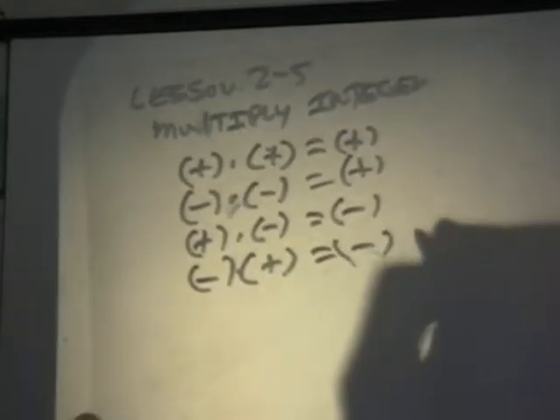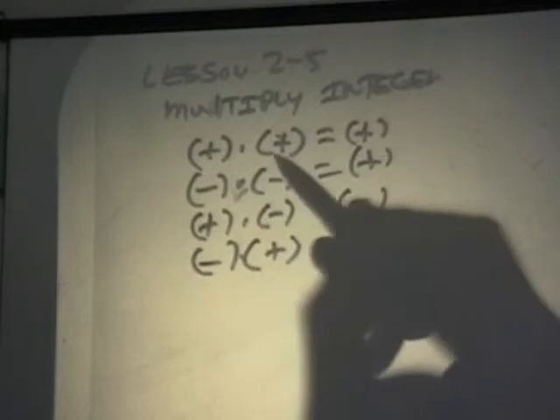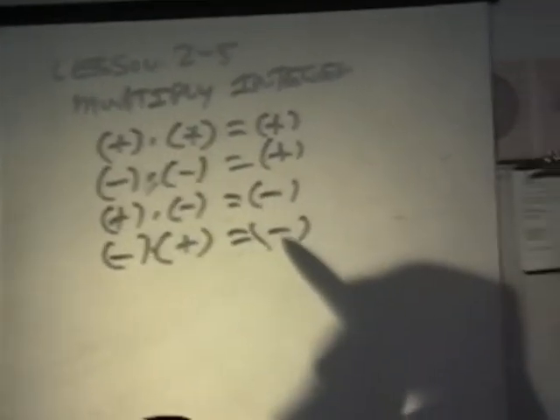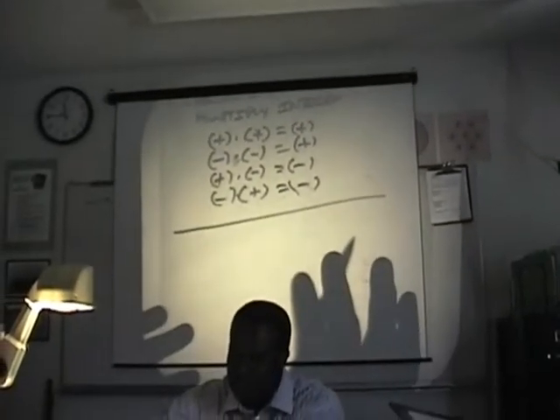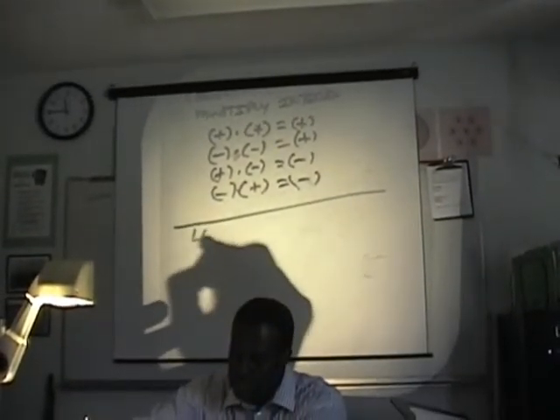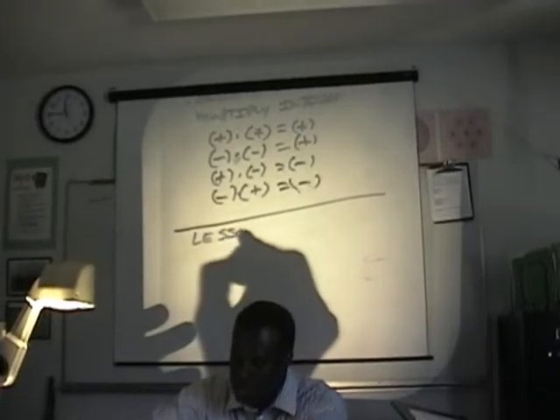So what's the basic rule here? When the signs are alike, they're always positive when you multiply. When the signs are opposite, they're always negative when you multiply. Now the same thing is true with division. Let's go to lesson 2-6. Okay, here you are dividing integers.